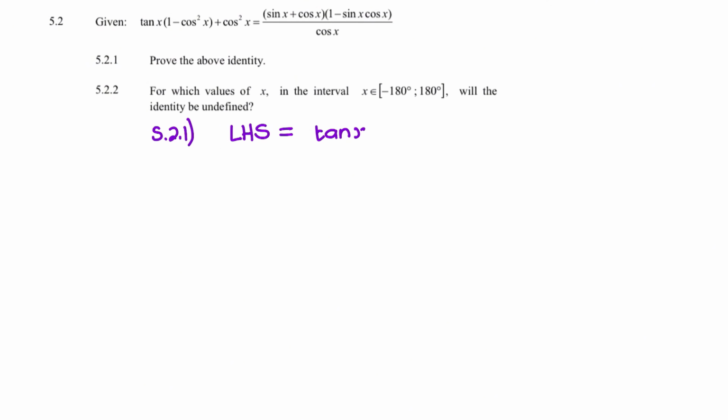So we have tan x multiplied with 1 minus cos squared x plus cos squared x. So you would need to know that tan x can be written as sin x over cos x. And I also noticed that 1 minus cos squared x is simply sin squared x.